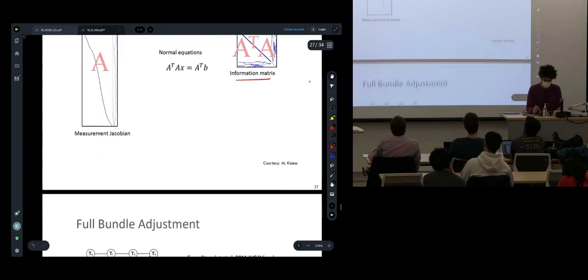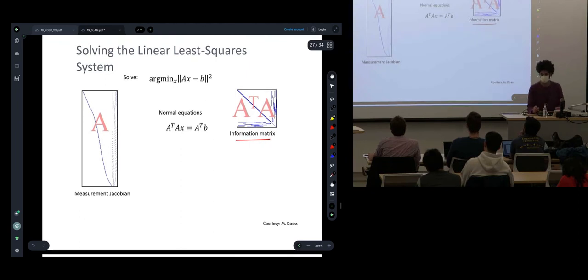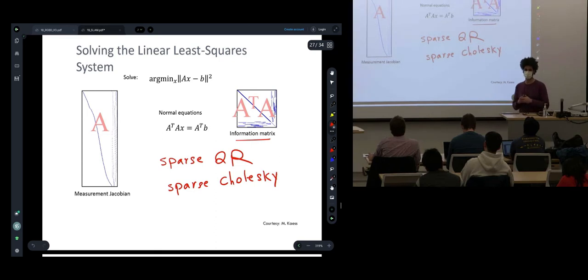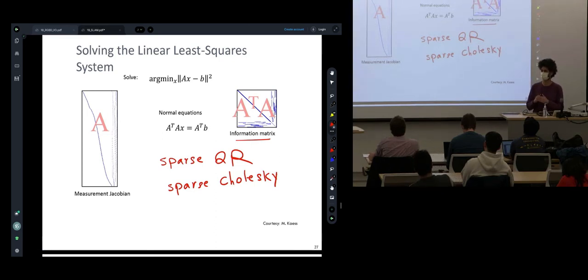So we have to do a sparse QR or a sparse Cholesky factorization for solving this problem using forward and back substitution. We will not use QR factorization that's for dense matrices, because then you pay the cost of the full factorization.